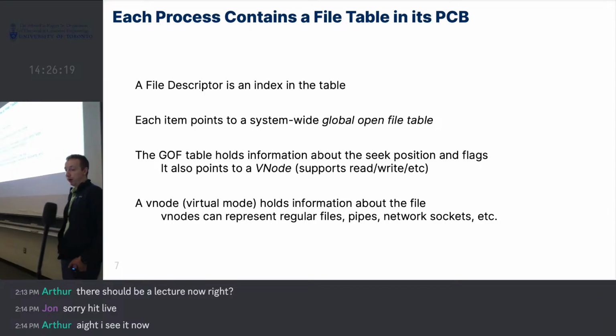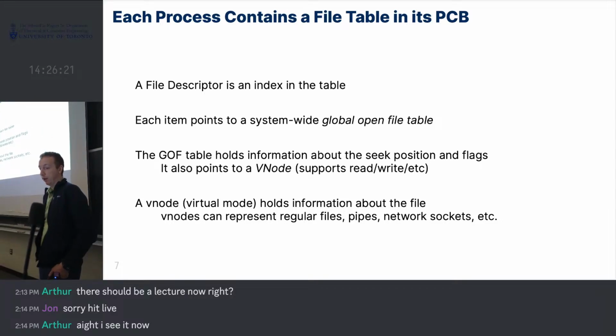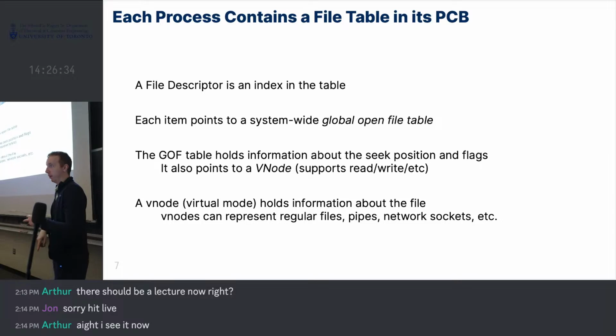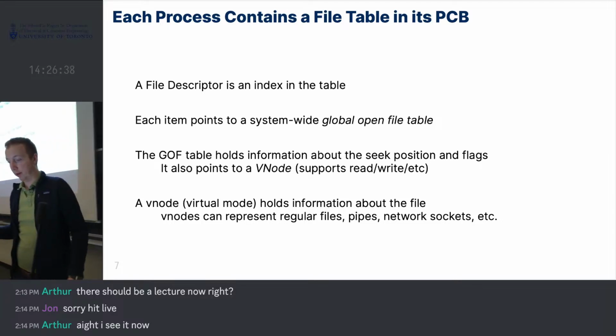So each process has its own file table in the process control block, and a file descriptor is basically just an index into that table. That table is just a table of pointers that point to a certain position, certain flags, and then a vnode to represent what that file descriptor actually represents.